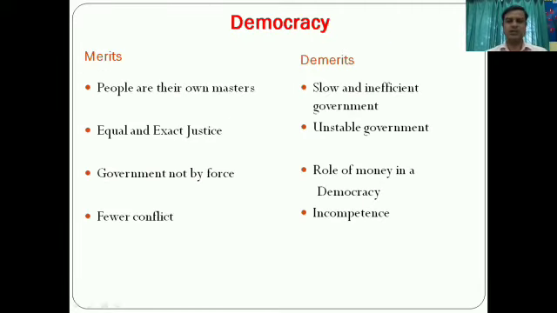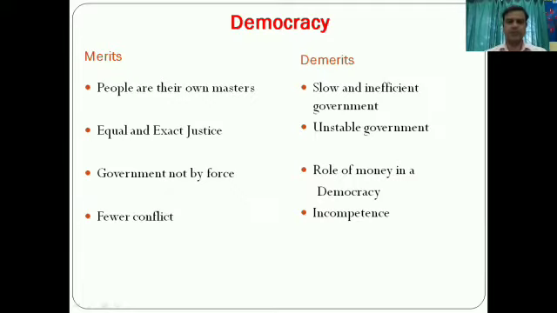Now, which are the merits and demerits of democracy? We'll look first at the merits of democracy. People are their own masters. Equal and exact justice for all. Government not by force because it is by choice, by people's choice. And fewer conflicts.